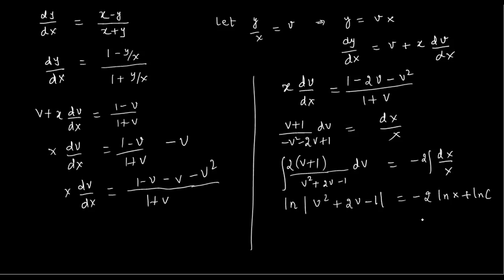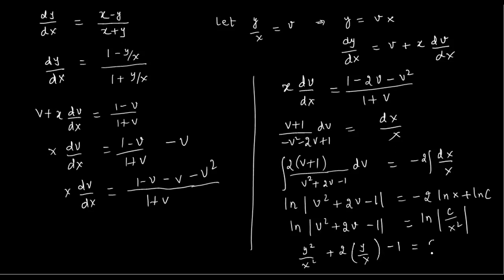So we can rewrite this as ln of c over x square equals to ln of v square plus 2v minus 1. Now remove log on both sides and plug y over x in place of v. We get y square over x square plus 2 times y over x minus 1 equals to c over x square.